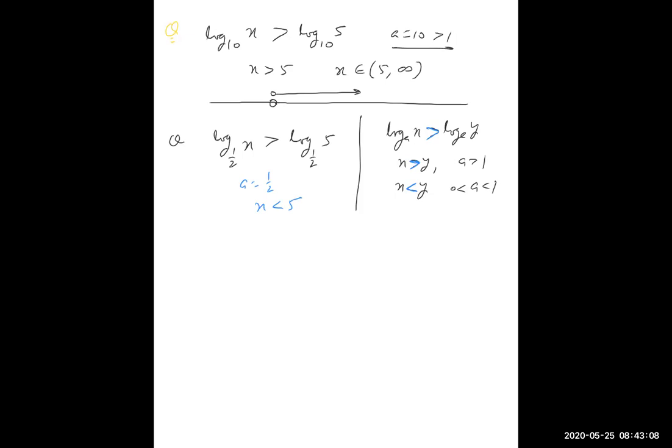Kumar, this is not the complete answer because one more condition is there for this log to be defined. This x must be positive. So it is not minus infinity to 5. X belongs to 0 to 5 will be the perfect answer of this.